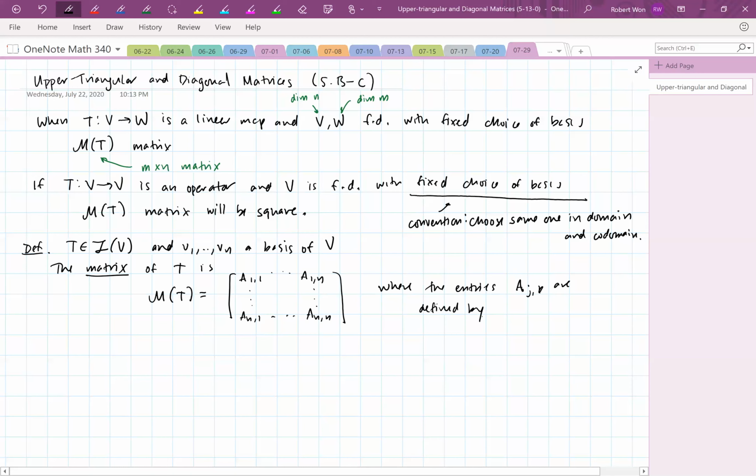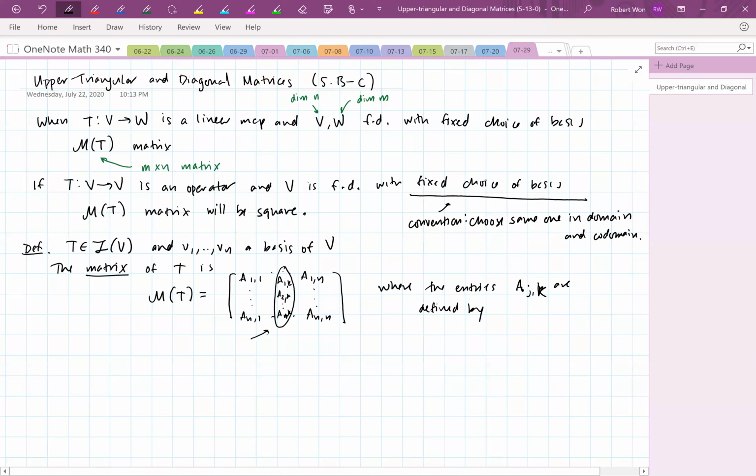okay, and as always the case, the kth column tells you about what T does to the kth basis vector, right? So somewhere in here we have the kth column. I guess that will look like A1K, A2K, ANK.